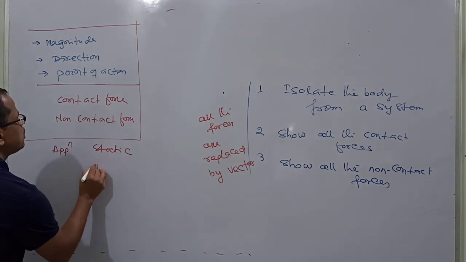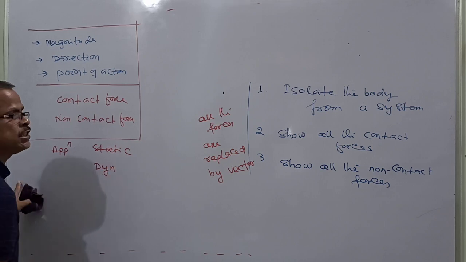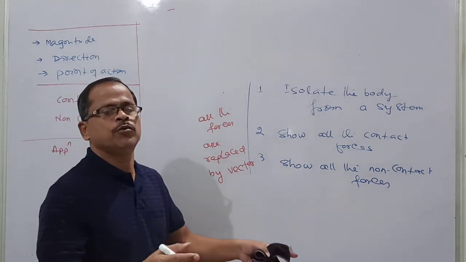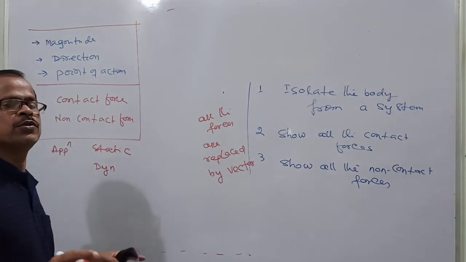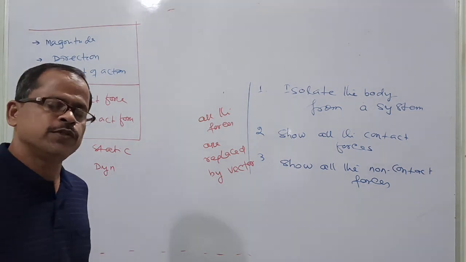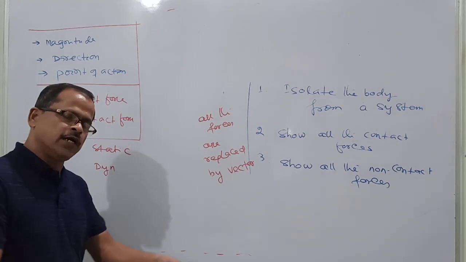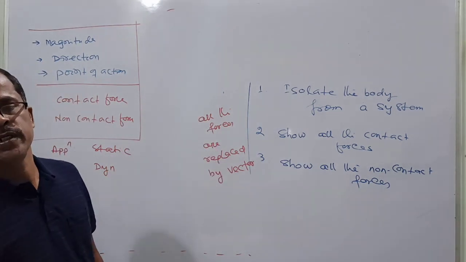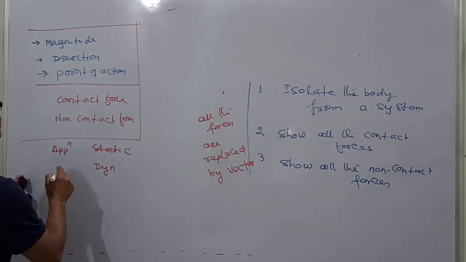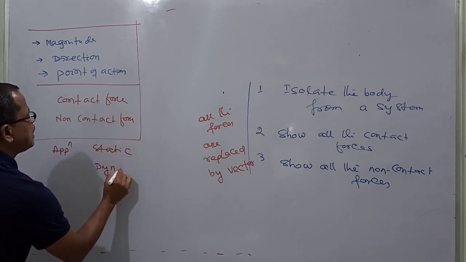It is also applicable to dynamics, where there is a net force and the body is moving, maybe with constant velocity, maybe with acceleration. It may be linear motion, rotational motion or curvilinear motion. In all cases, the free body diagram is applicable.